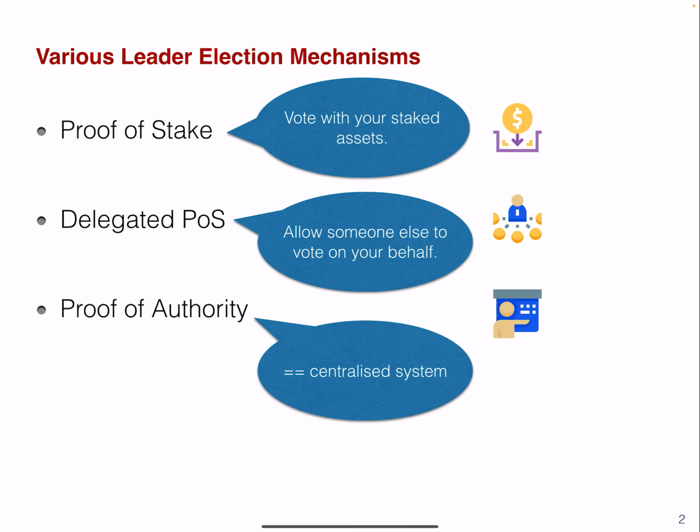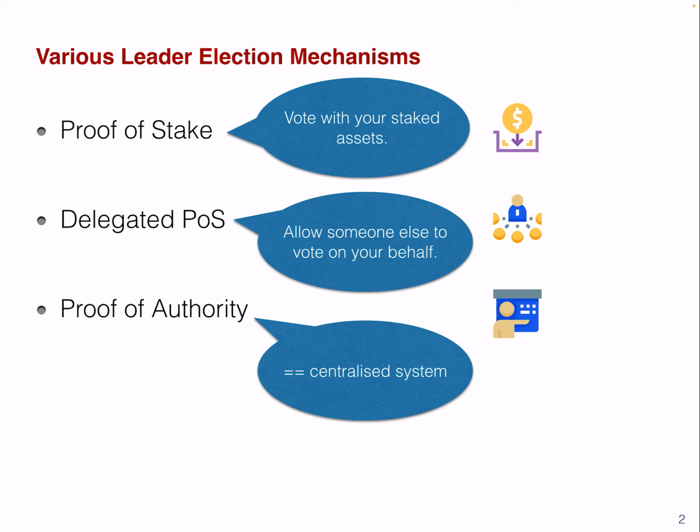So proof of stake is a leader election mechanism where you vote with your staked assets. So basically you have to provide capital, and this capital allows you to then vote on blocks. It's basically becoming a miner by just putting your money at stake. Delegated proof of stake is something where you allow someone else to vote on your behalf while still staking some of your money.